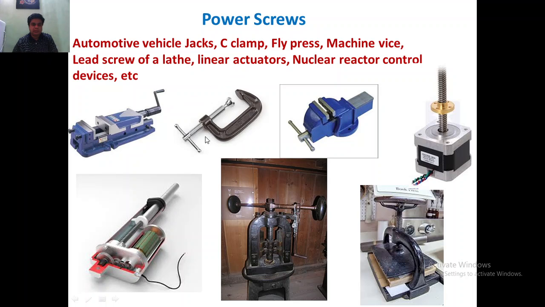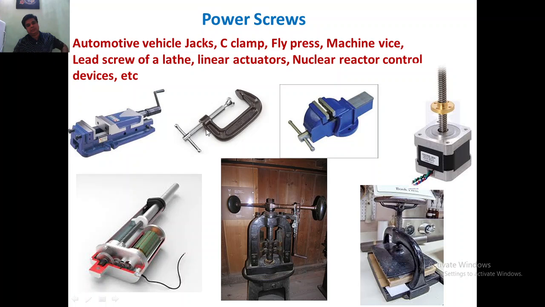Similarly, many applications you can see here. Just now we saw the bench vise. This is the machine vise. Same thing: when you apply a torque here, this jaw will move linearly towards left or right, and we can hold or fix the workpiece or job here. Similarly, we have this C clamp.